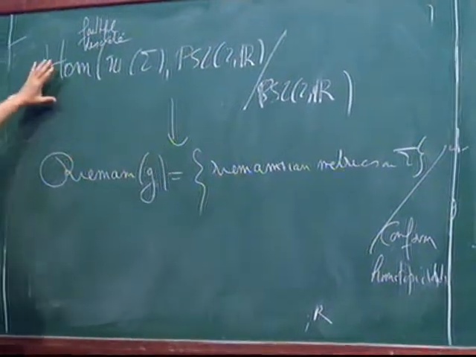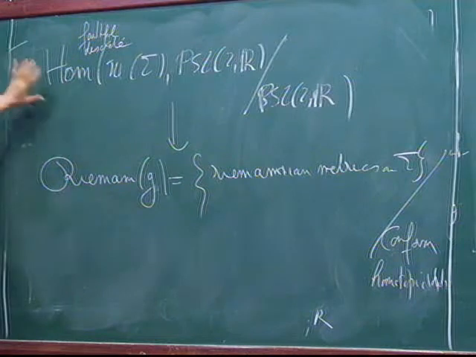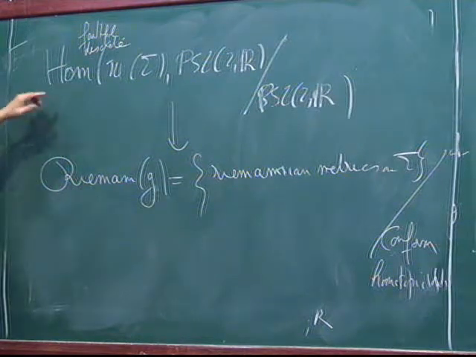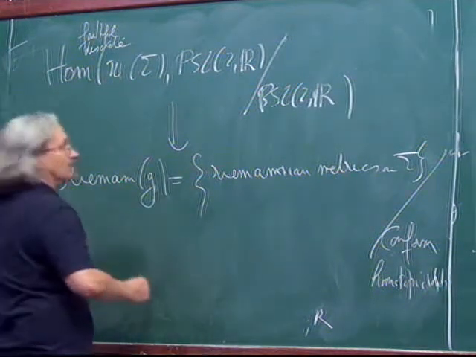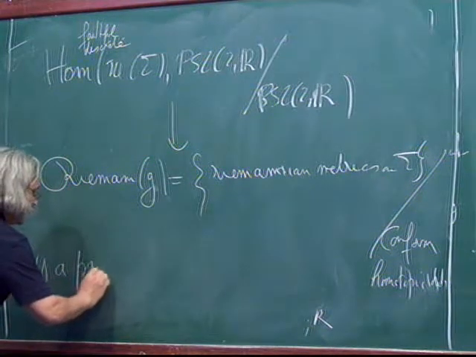Okay, so we know this is more or less a manifold. This is connected. We have seen this is injective. And then I want to say it's a proper map.